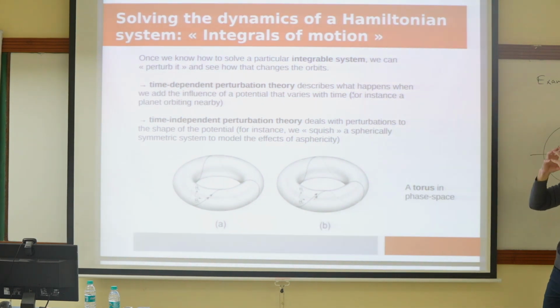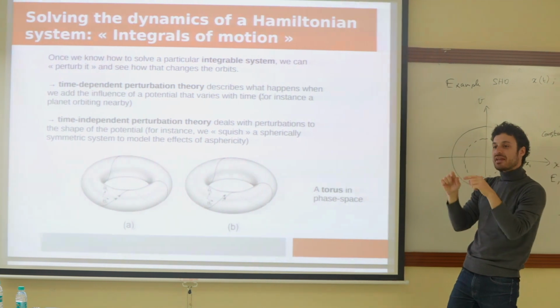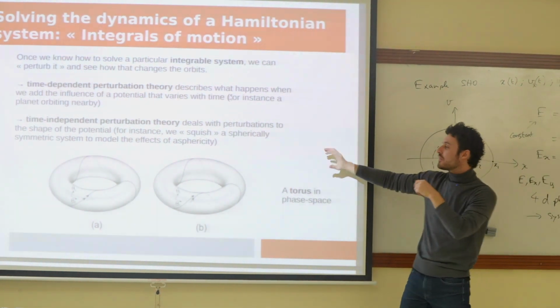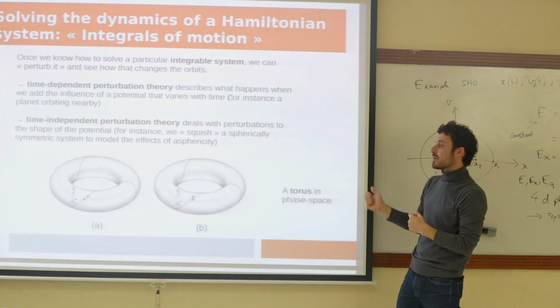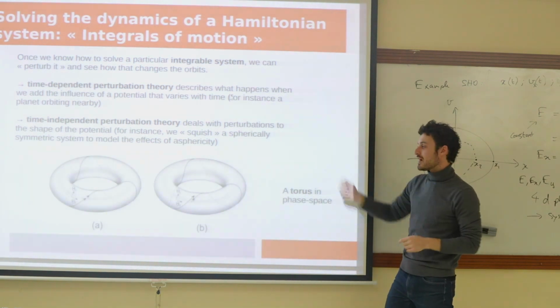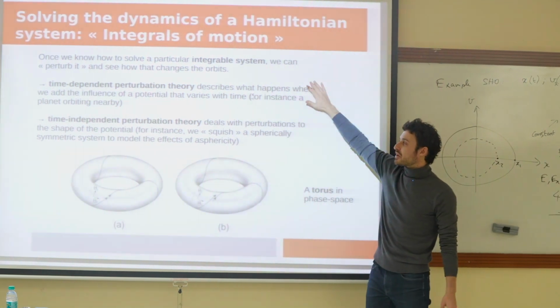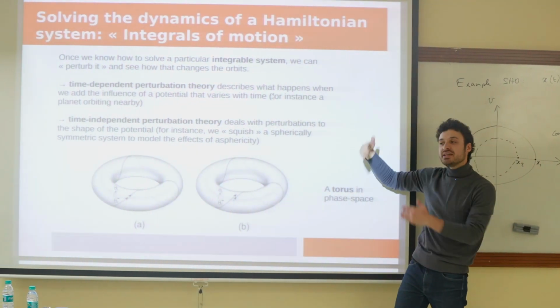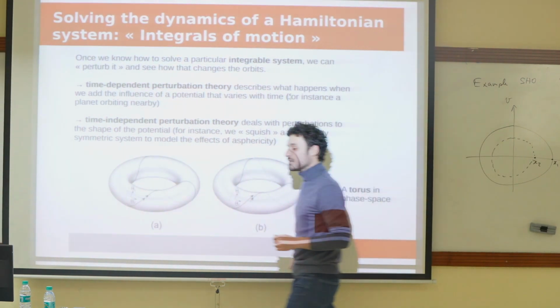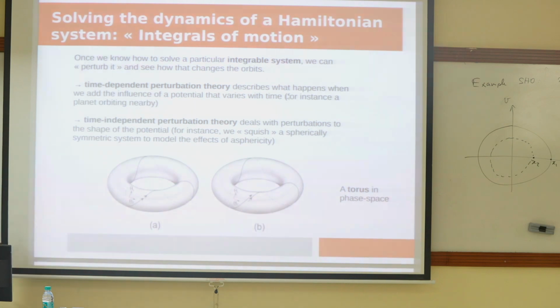There's no time variation. You're really just changing the way the potential behaves. You're changing the way that the system interacts, right? But that perturbation does not depend on time, right? So we'll see that these two types of perturbations, time-dependent, time-independent, will lead to some fairly different behavior, basically, in the systems that we'll be studying today.